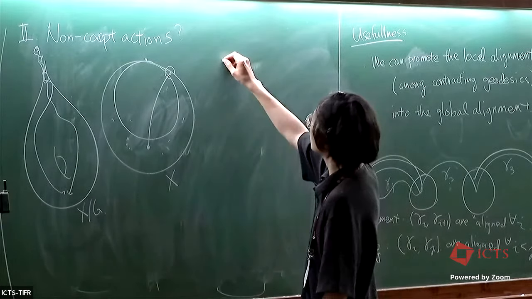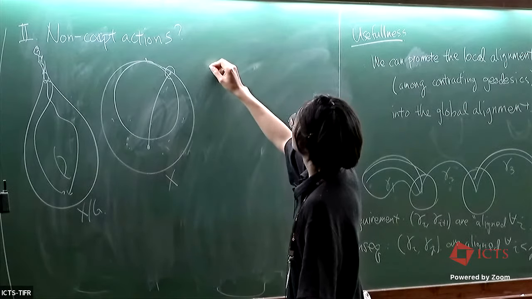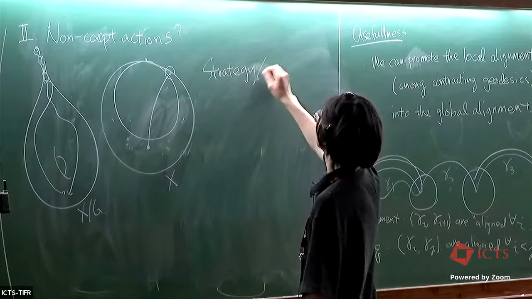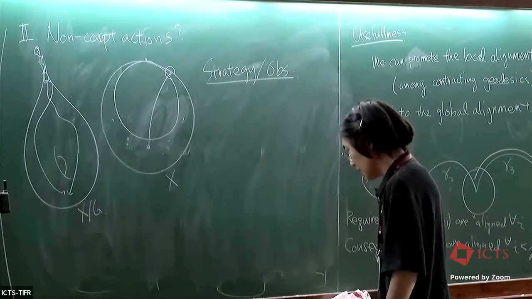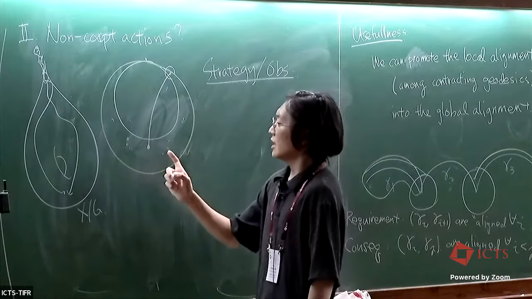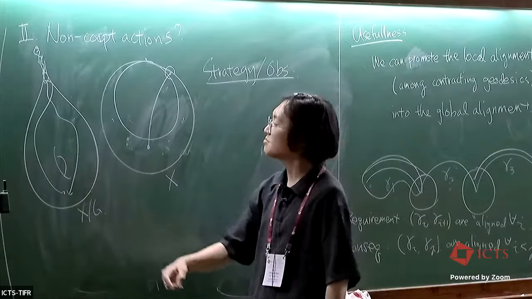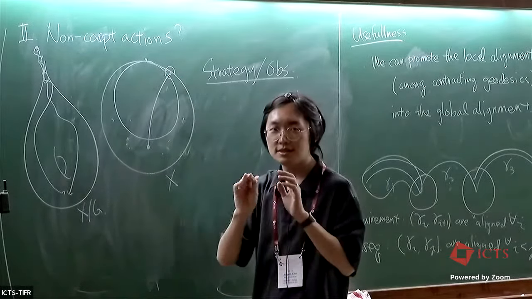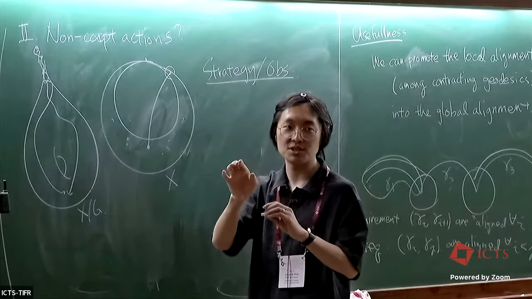The strategy or observation is that, at least for this group action, these group elements are quite distinct. They could be detected quite explicitly. Why?